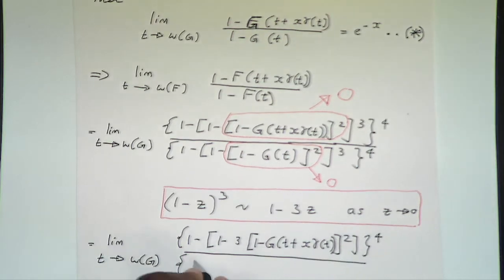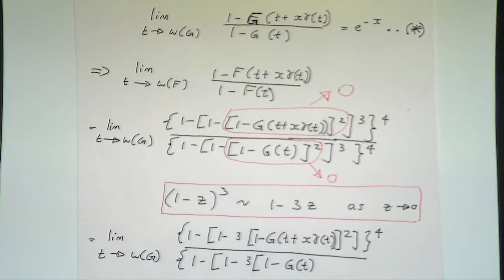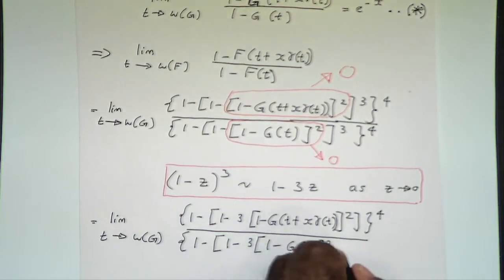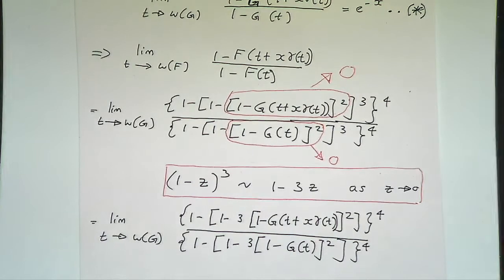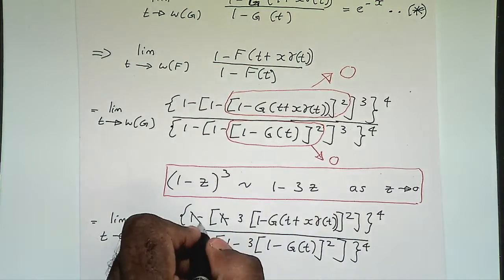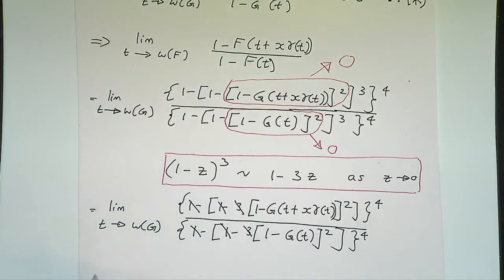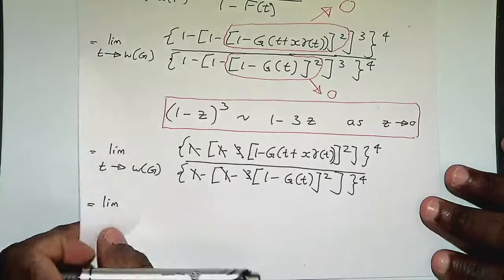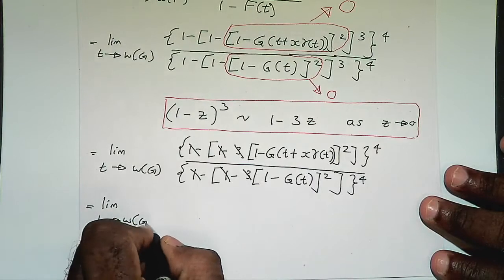You follow me, guys, or no? Yeah. All right, so the 1 here and the 1 here cancel, and the 3 and the 3 cancel. So what you have is the limit, right?